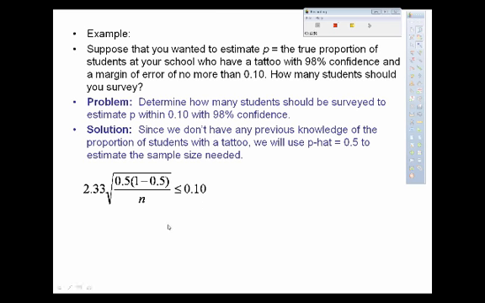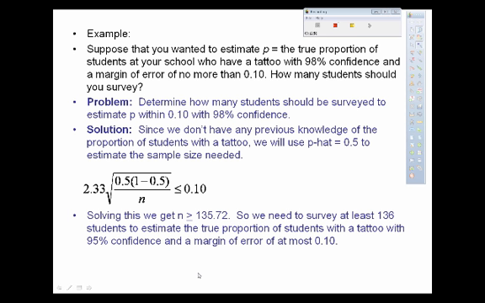And I got that n is greater than 135.72. So we need to survey at least 136 students to estimate the true proportion of students with a tattoo with 95% confidence and a margin of error of at most 0.10.